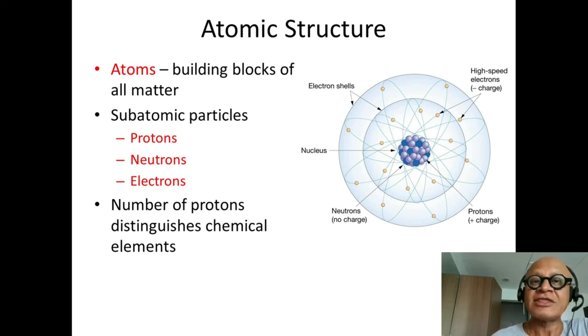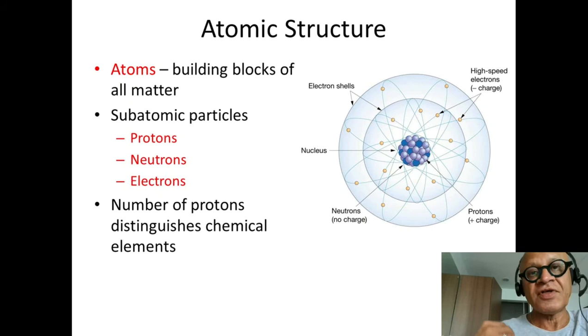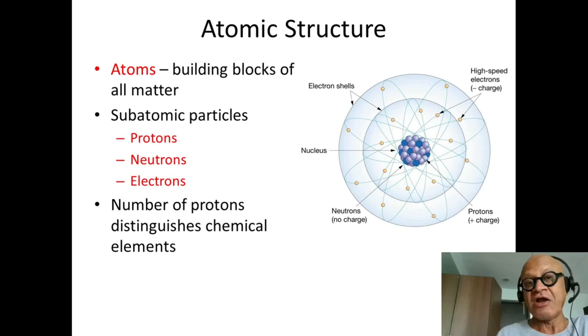Subatomic particles in the earlier days were just considered to be protons, neutrons, and electrons, but since then we know that there are subatomic particles like quarks and muons and so on and so forth, which we will not talk about.